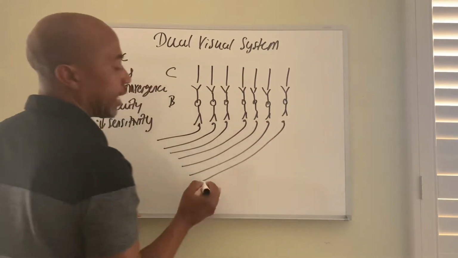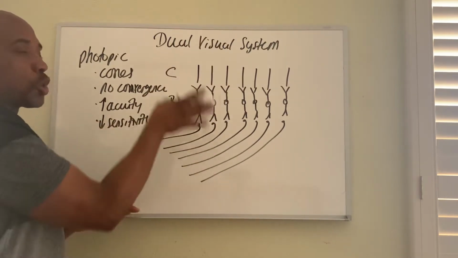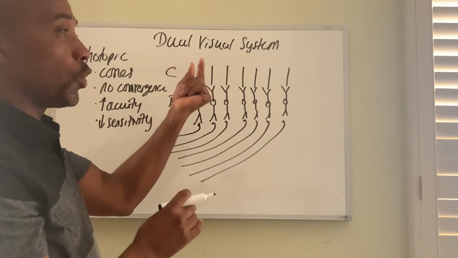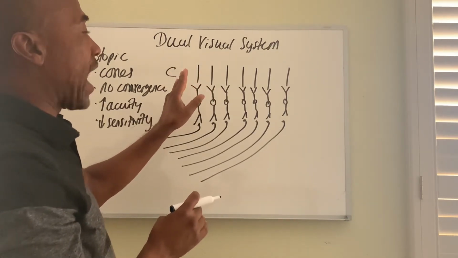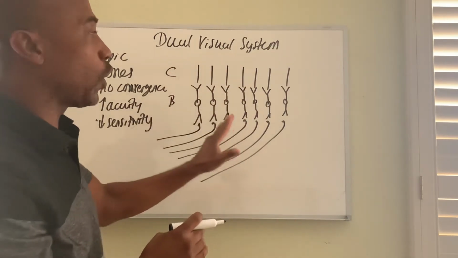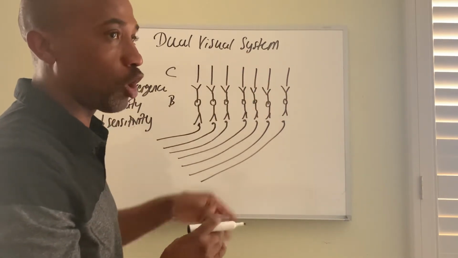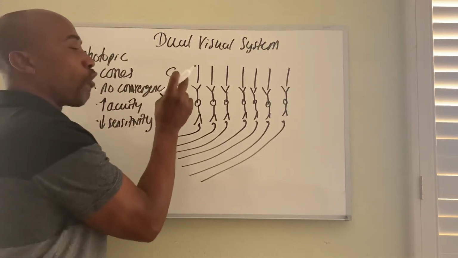So since it's 1 to 1 to 1, there's no convergence here, which means that if light is very low, it may not be able to activate any of these pathways because they can't summate together, because they don't share neurons along the pathway. So it's bad for low light conditions.